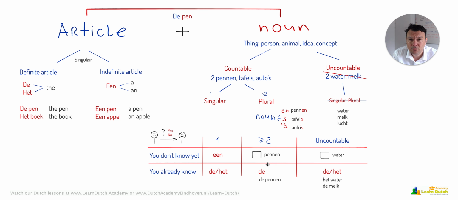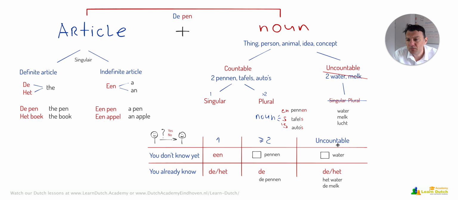In this case, we don't use an article. Yes, there is an article, which is an invisible one. You can say invisible een. You don't see it. So I would say, ik heb pennen. I have pens.